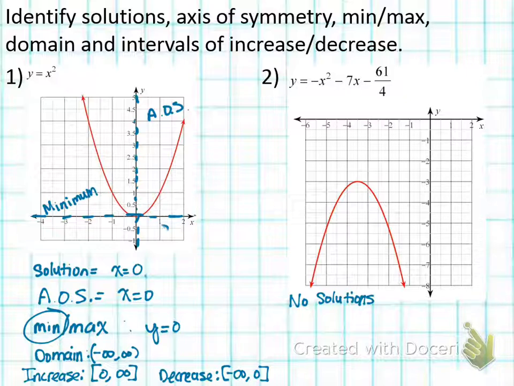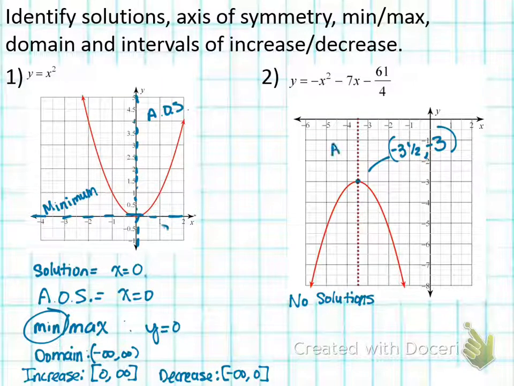Okay, the next thing is asking axis of symmetry, so that's where the vertex is. We're trying to find the vertex first, so our vertex here is at negative 3 1/2, and it goes down to negative 3. Okay, so axis of symmetry is this line down the middle, so I would take a straight edge and just draw an axis of symmetry like so.